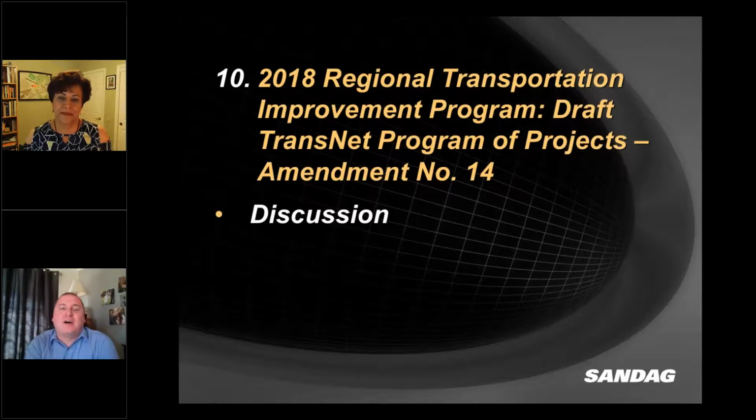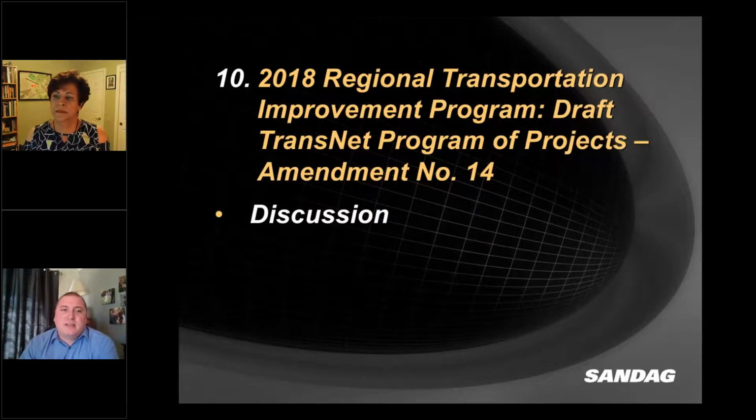Now, to provide a little context to this amendment for our new ITAC members, the Regional Transportation Improvement Program, or RTIP, is the 5-year program of projects that implements the projects in the regional plan. Normally, we update this program every 2 years. Updating requires that we evaluate the air quality impacts of the program. In February, we informed the ITAC that because of a ruling by the EPA, we would not be able to use our air quality model, so the state canceled the scheduled update.